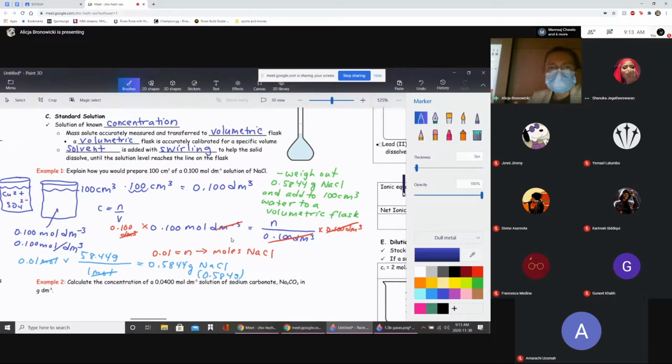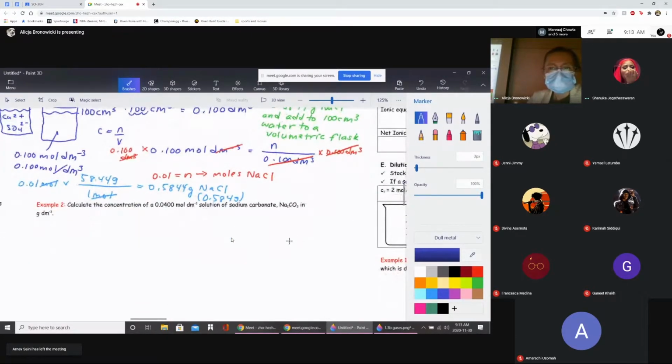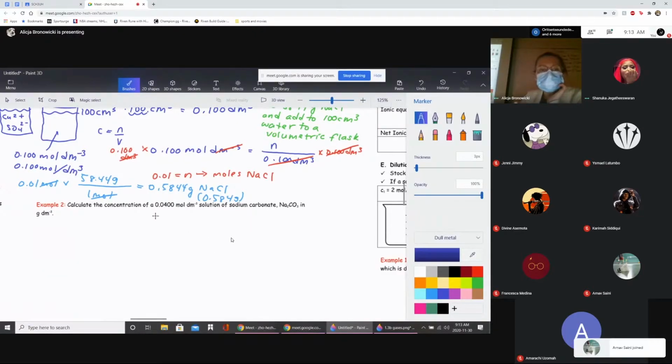Okay, let's do another question. Okay. So the next question, calculate the concentration of a 0.04 mole per liter solution of sodium carbonate, Na2CO3, in grams per liter.